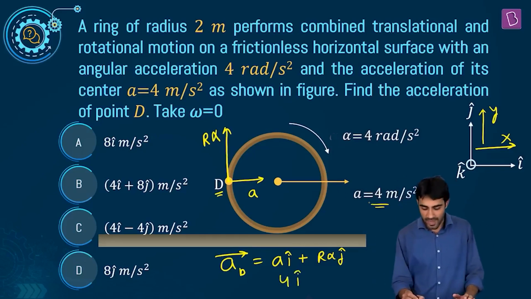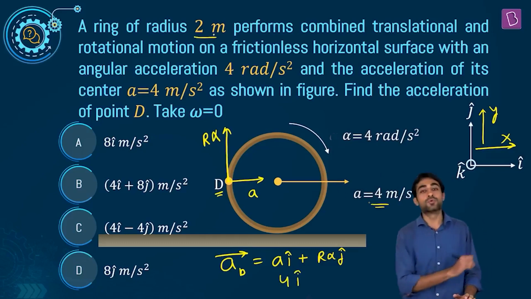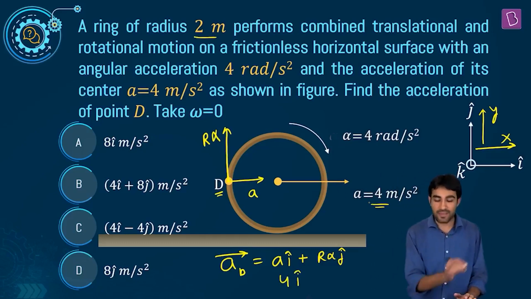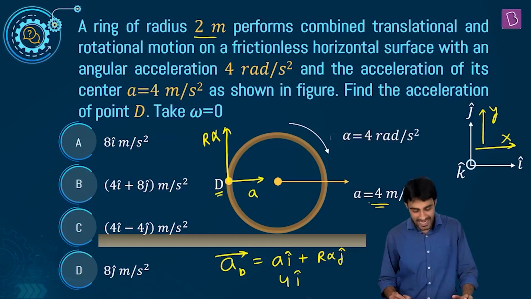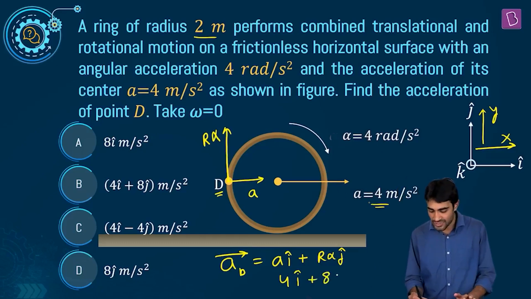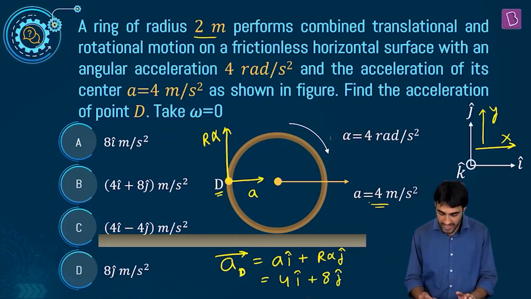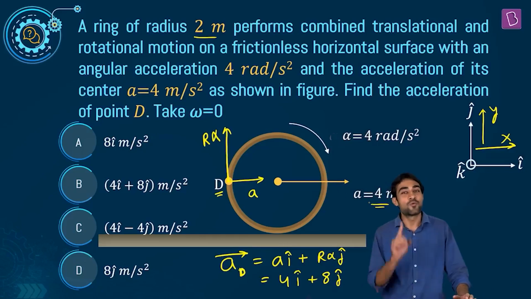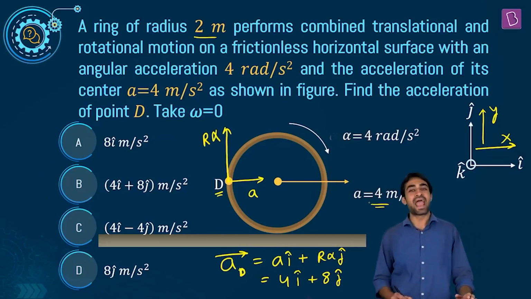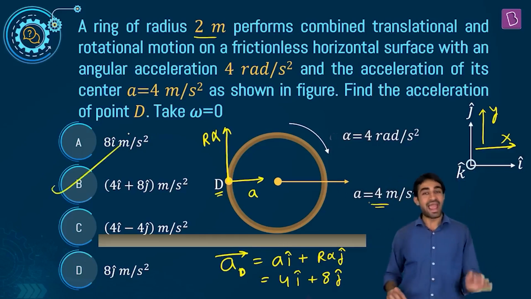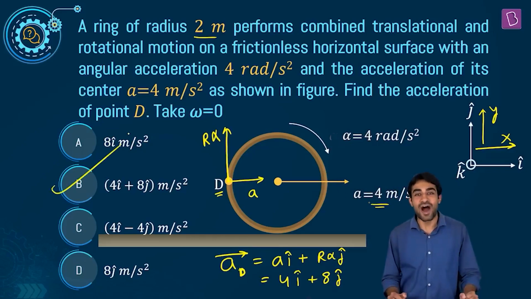What is alpha? Alpha is 4 and r is 2. So r alpha becomes 4 times 2, which is 8, and we have 8 j cap. So we finally got the acceleration of point D. Acceleration of point D is 4 i cap plus 8 j cap, and we can mark option B as the right answer for our question.